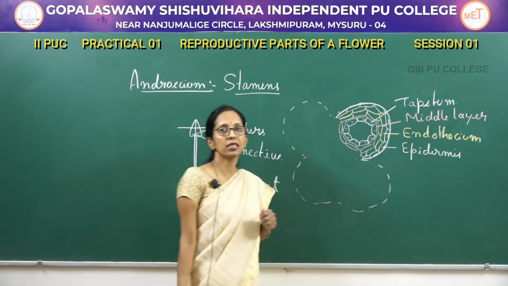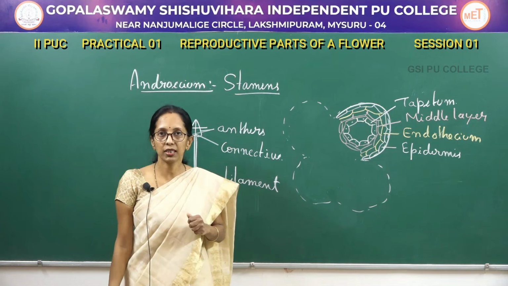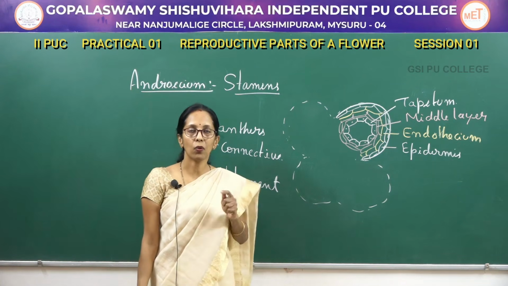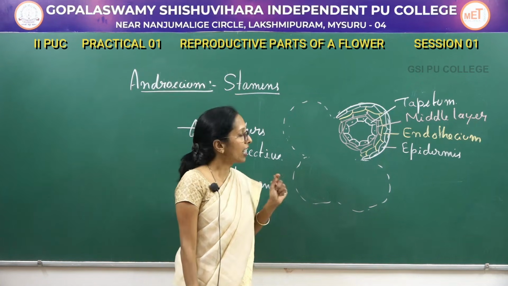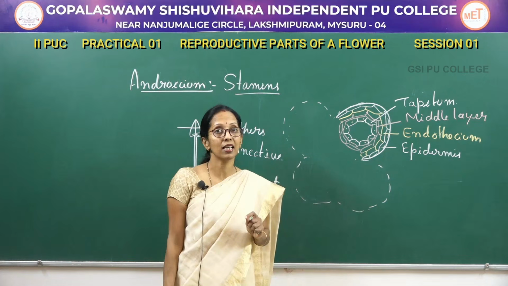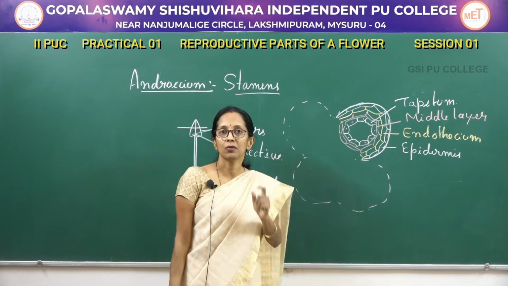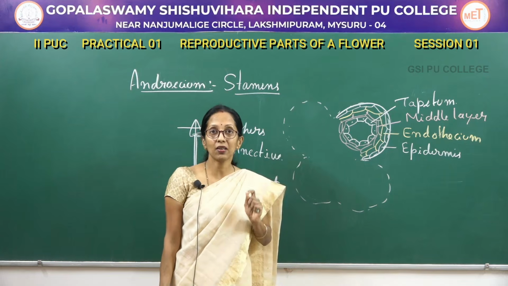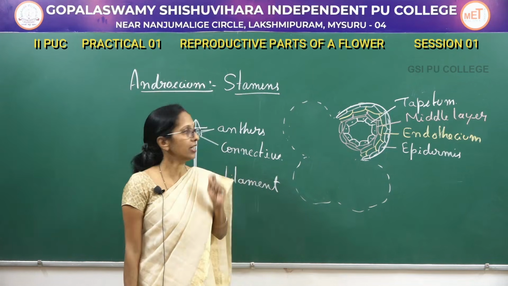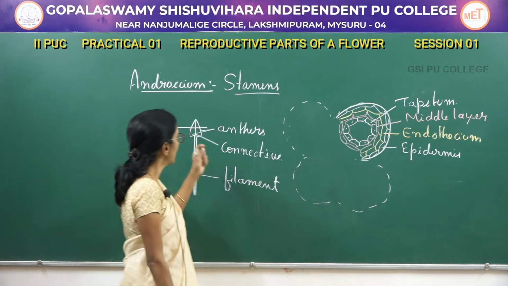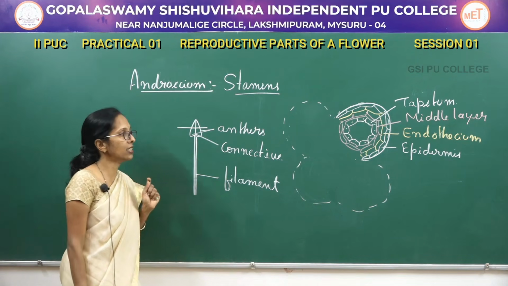The innermost is the tapetum, which contains more than one nucleus, and the cytoplasm is dense, and it gives nutrition for the development of pollen grains. So, this is about the transverse section of a dithecous anther.